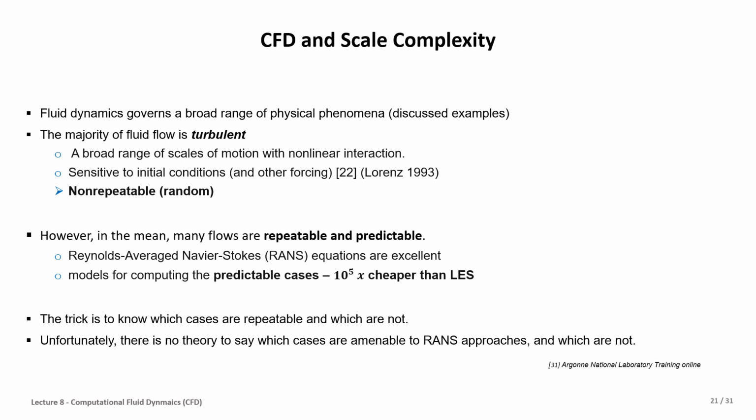But RANS, which mostly provides the average solution, is the cheaper one and is broadly used in industry currently. When we look at the computation, usually RANS is 10 to the power 5 times cheaper than LES. So it's not a cost that we can neglect, and it's a high difference in the computation. However, RANS has some limitations. For example, for some specific geometries and boundary conditions it doesn't work properly.